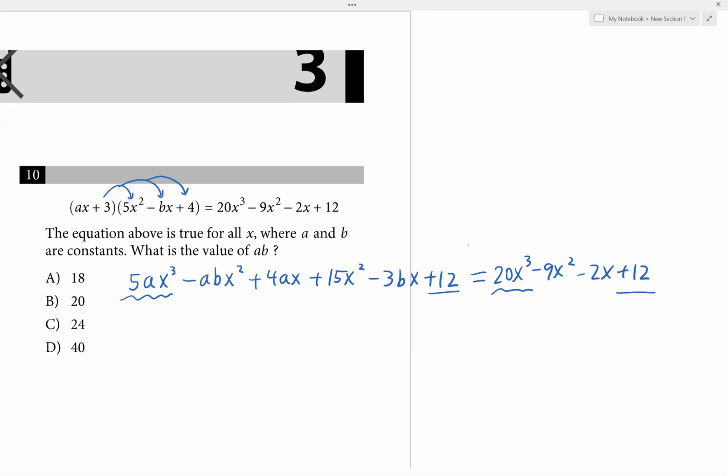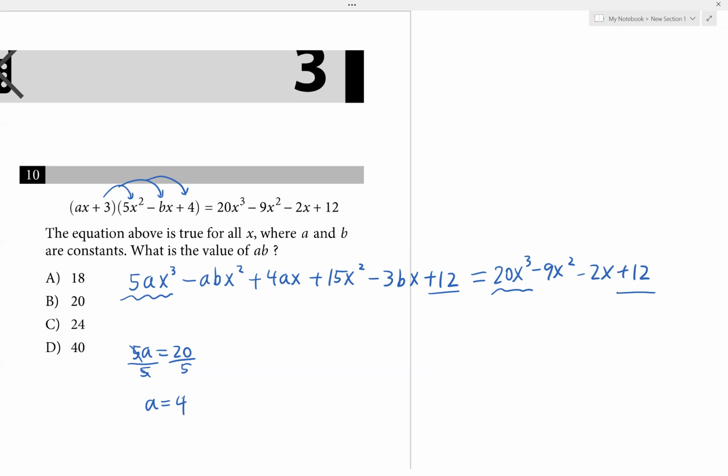So from that we can figure out that 5a has to equal 20, otherwise we won't get 20x cubed on both sides. To solve for a, we divide by 5 on both sides. a equals 20 over 5, which is equal to 4. There we have our a value, which is 4.